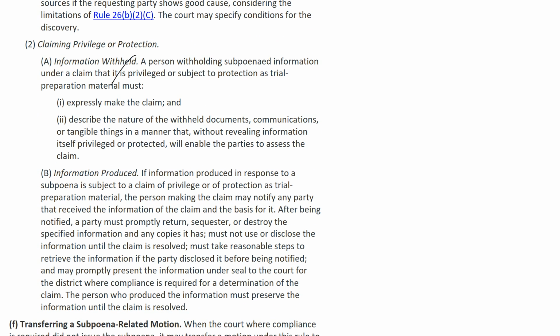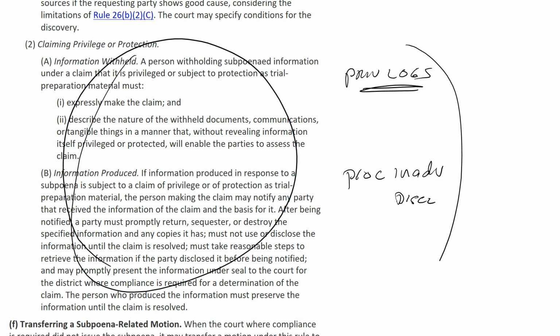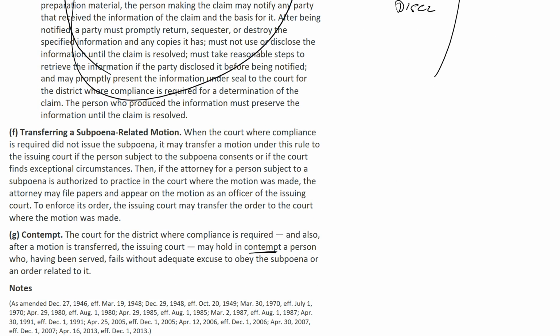And equally so, this language here about claiming privilege or protection deals with things like privilege logs, I talked about in the video on privileges. And here's the procedure for dealing with inadvertent disclosures, right? And again, this is real similar to Rule 26. I believe it's 26(b)(5), if I'm recalling correctly. You go and look into it yourself.